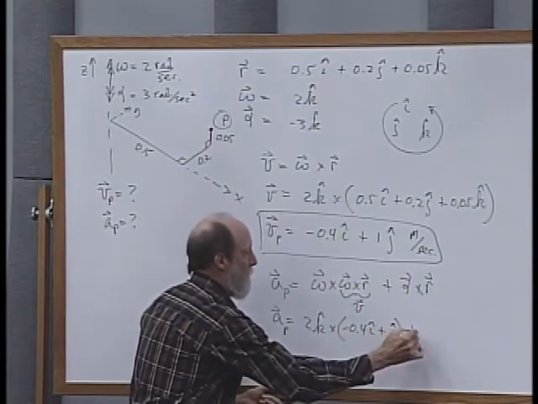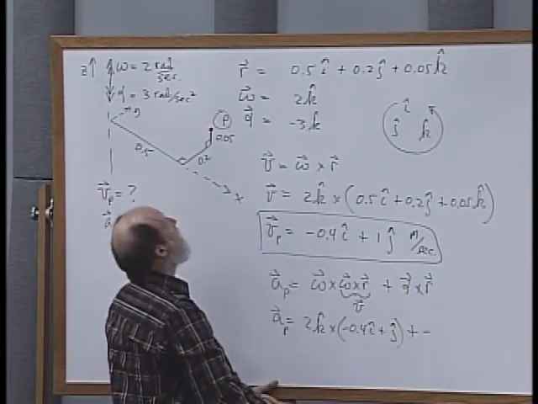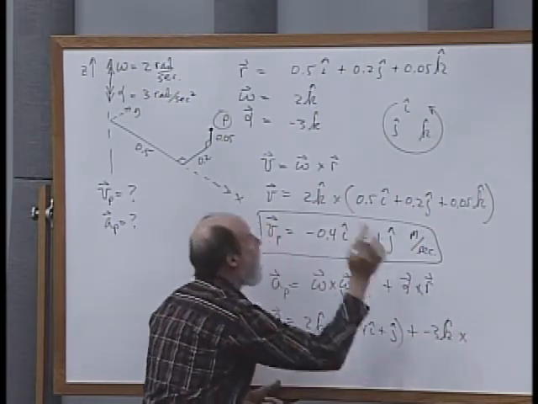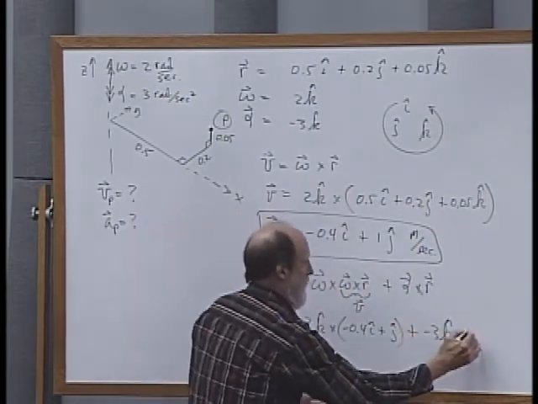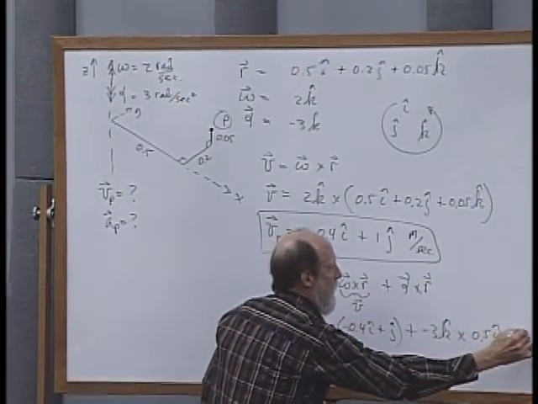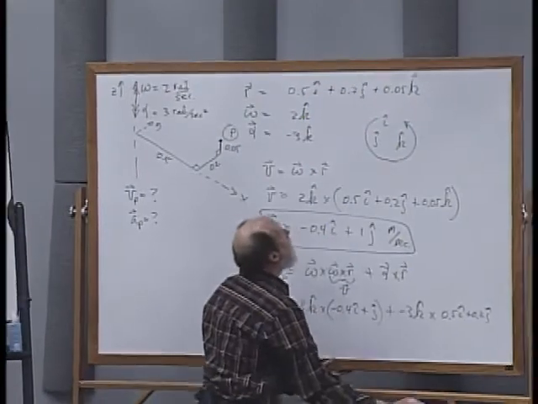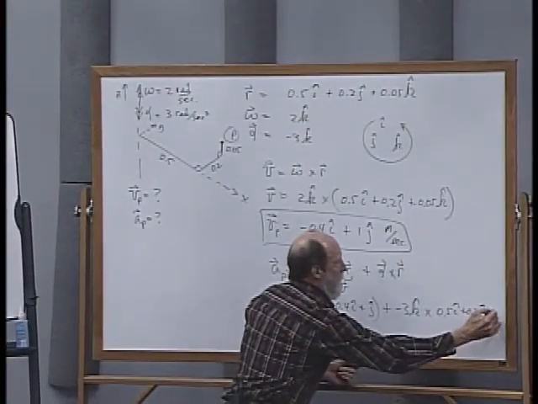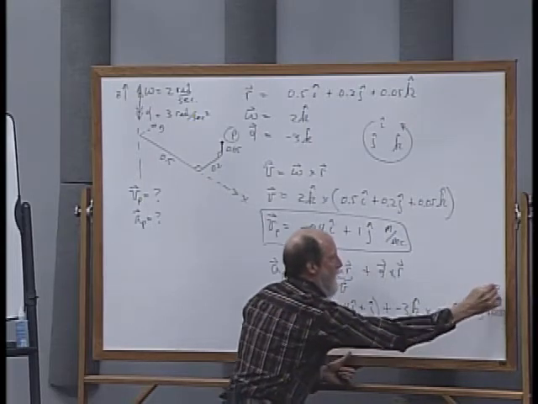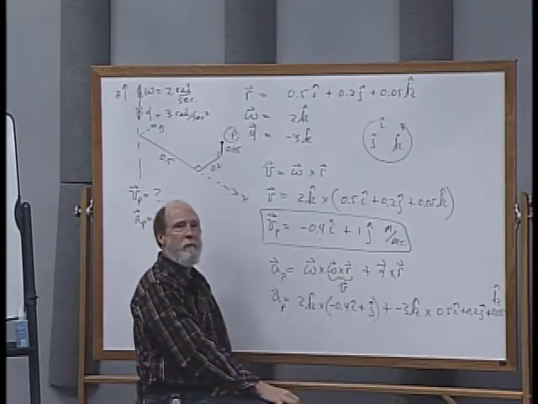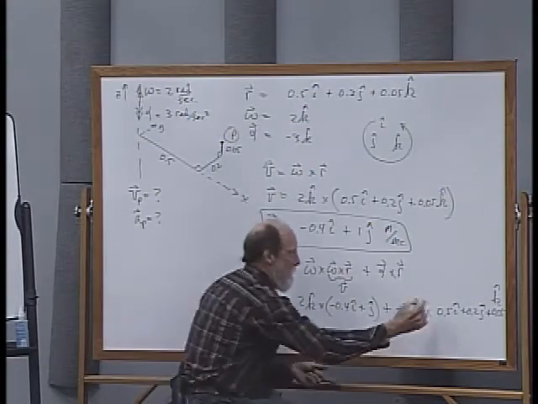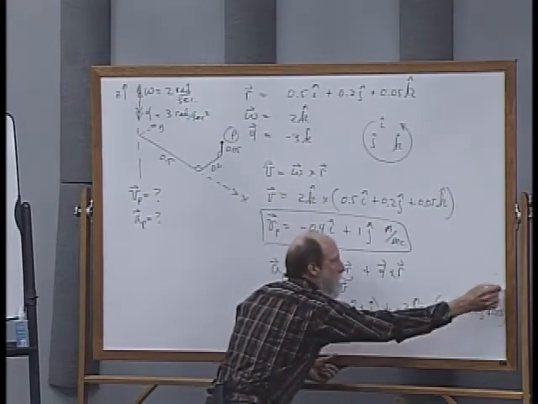And then we add to that a negative 3K crossed with our original R: 0.5 I plus 0.2 J plus 0.05, sorry about that, K. Put parentheses around that.